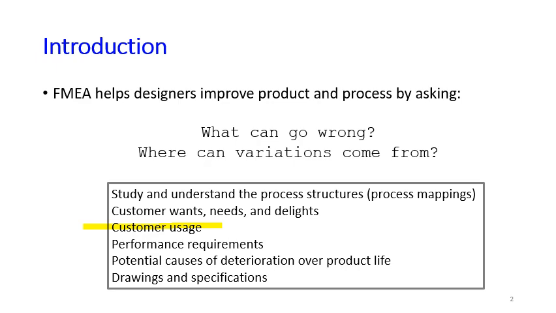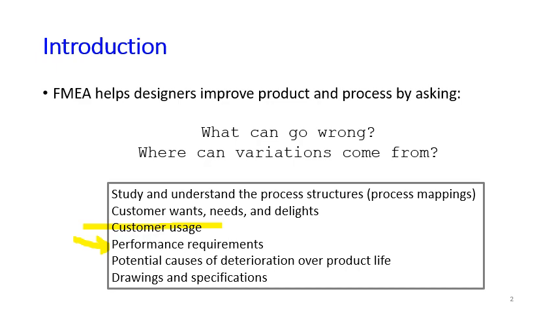And then also from the product itself, the designer needs to understand what the performance requirements of the product are. What is required from the product? How is it supposed to work? What kind of performance should the product deliver?